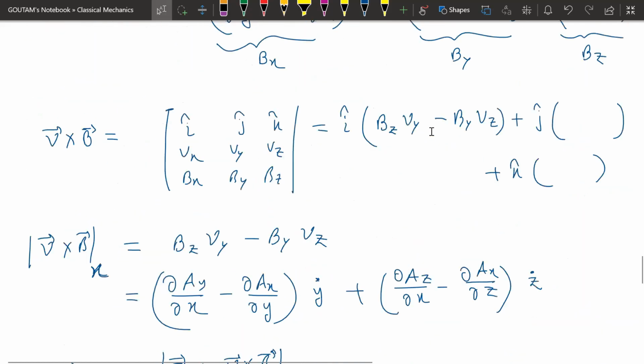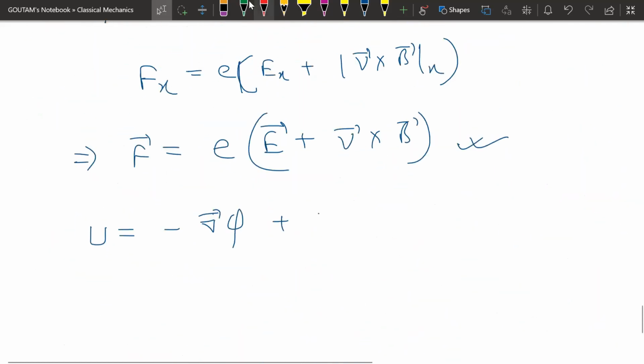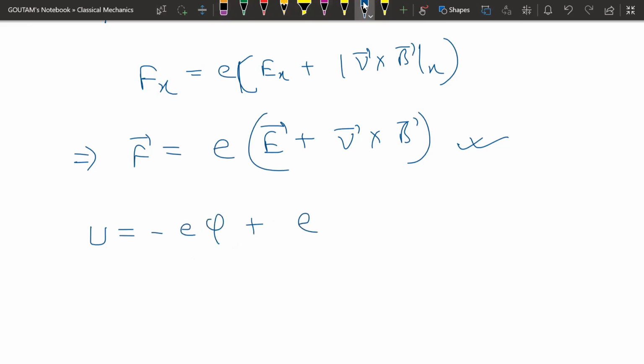Oh, it's not a divergence. Divergence of phi is a field. So it will be, it is a potential that we are writing, so the potential can be written as minus e phi plus e A dot V. So velocity dependent potential.